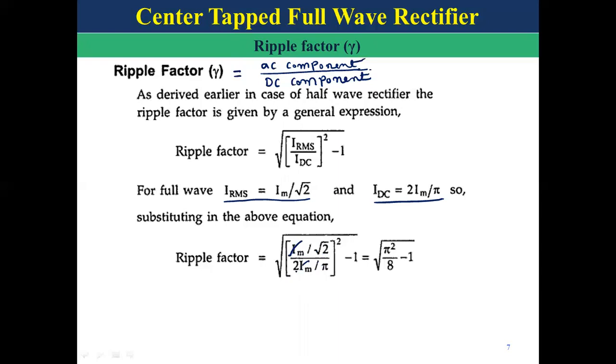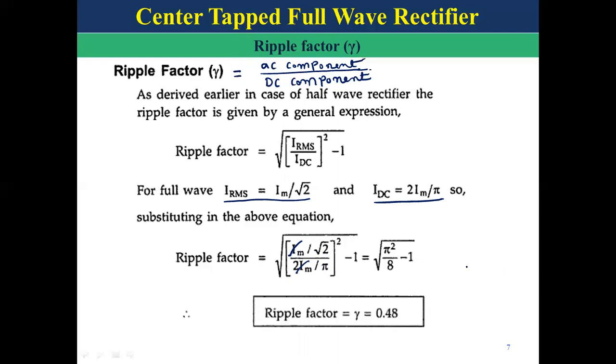And this Im is cancelled out. Then ripple factor gamma equals the square root of pi square by 8 minus 1. If you calculate this value, then we get ripple factor gamma equal to 0.48. Whereas the ripple factor of the half wave rectifier is equal to 1.211.